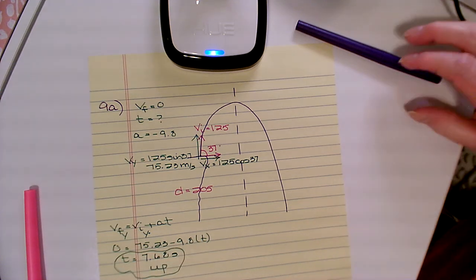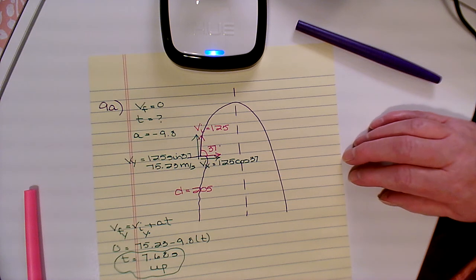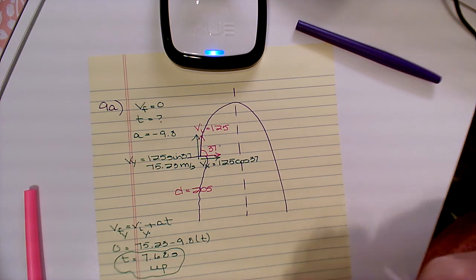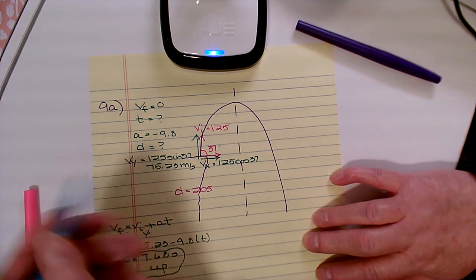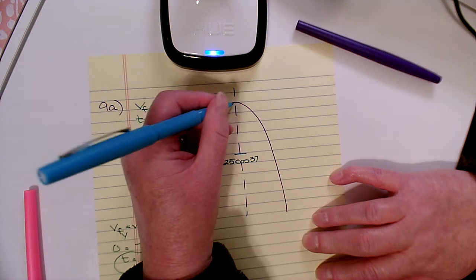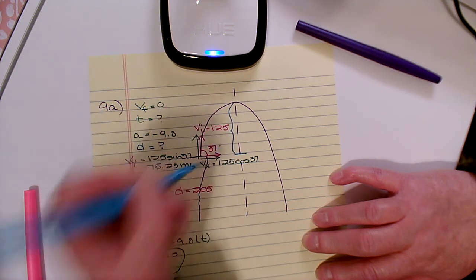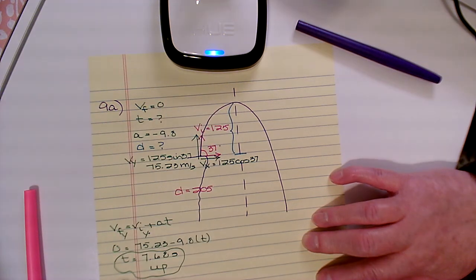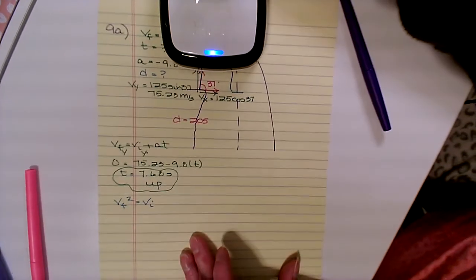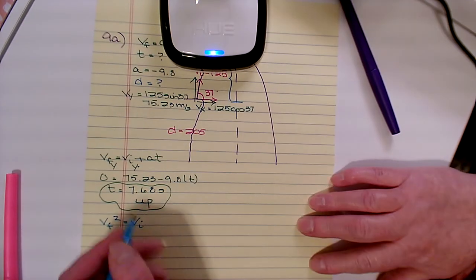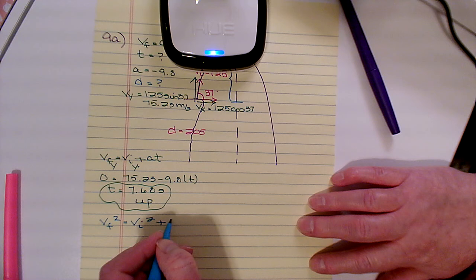But we also need to know how high up it's going to go. So I'm just going to put a D in my list here. And really what I'm looking for now is this distance here, how high up it goes. So I'm going to use my third acceleration equation. All right, the third acceleration equation.